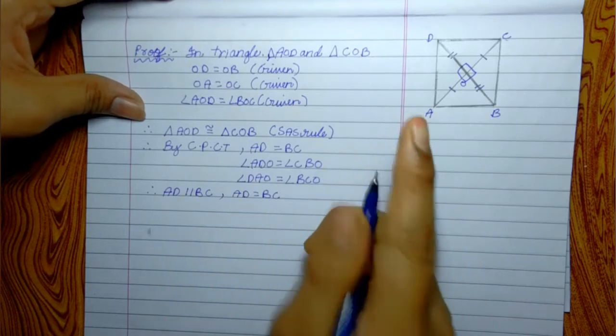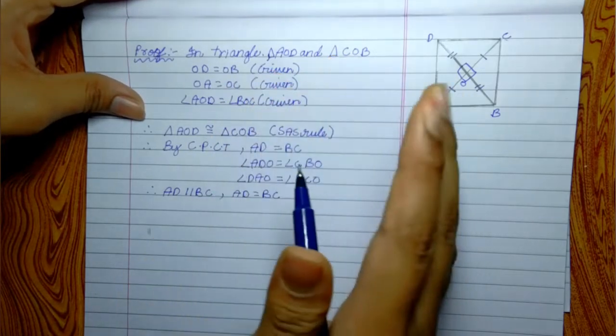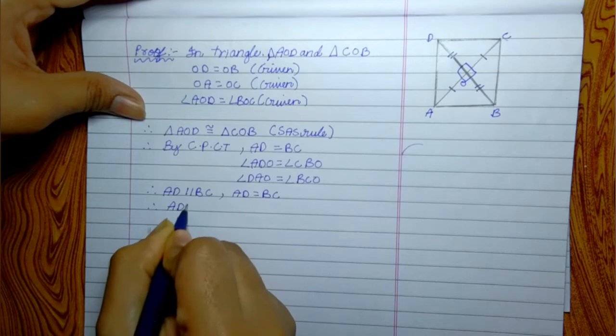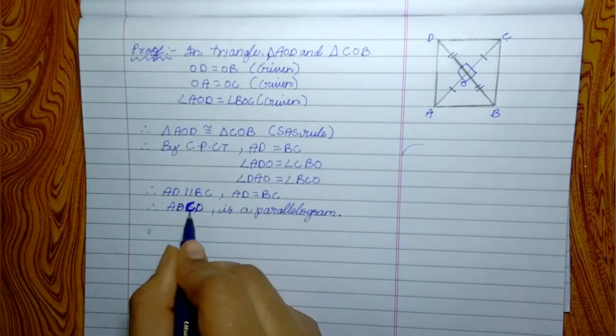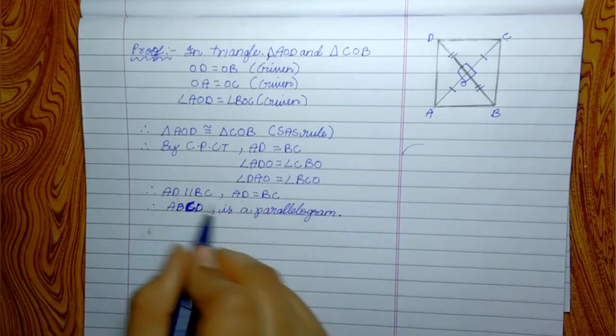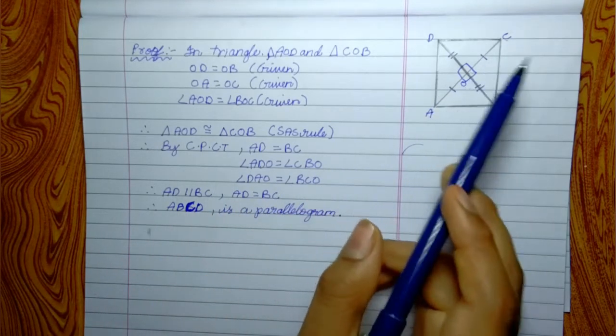If one pair of opposite sides are equal and parallel, the quadrilateral is said to be a parallelogram. Therefore, ABCD is a parallelogram.